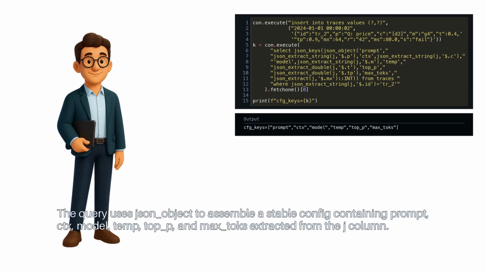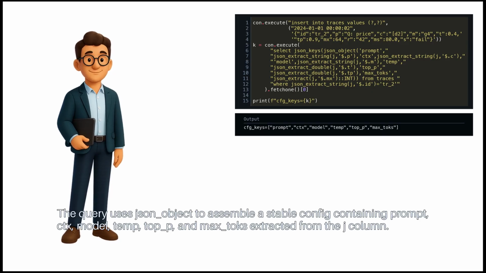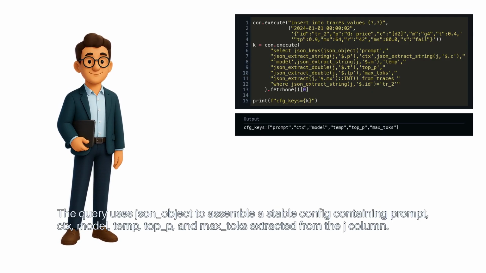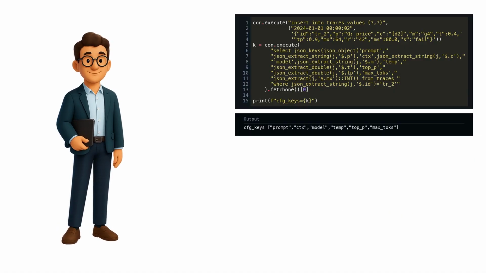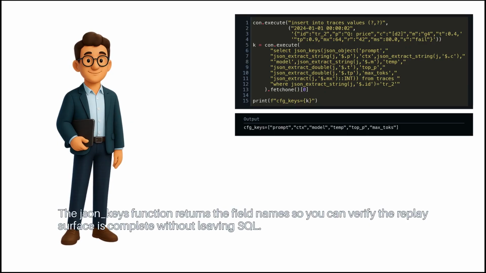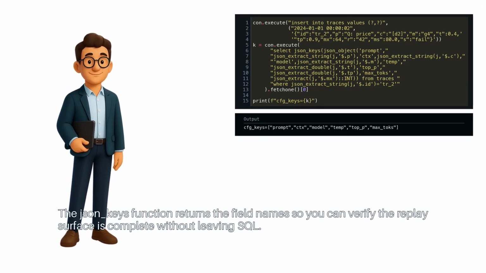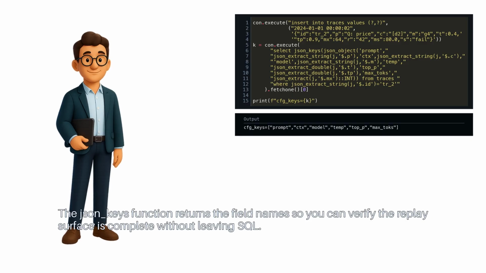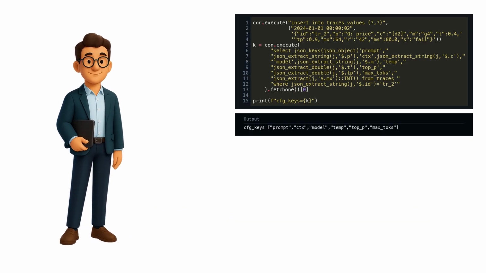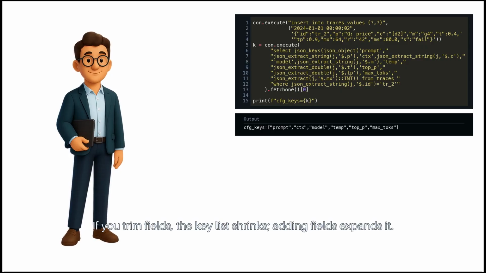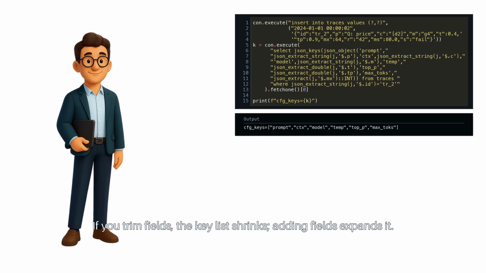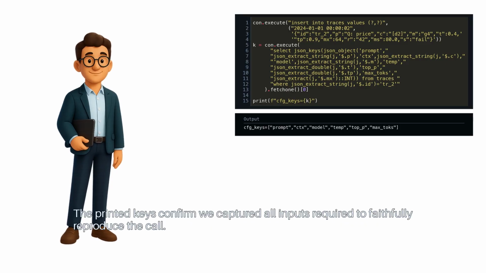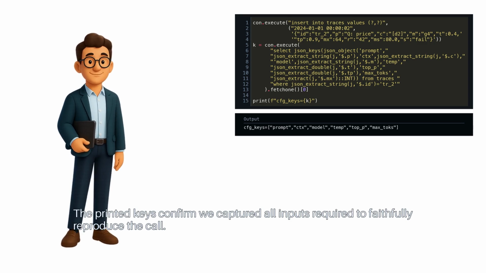The query uses JSON object to assemble a stable config containing prompt, context, model, temp, top P, and max tokens extracted from the J column. The JSON keys function returns the field names so you can verify the replay surface is complete without leaving SQL. If you trim fields, the key list shrinks. Adding fields expands it. The printed keys confirm we captured all inputs required to faithfully reproduce the call.